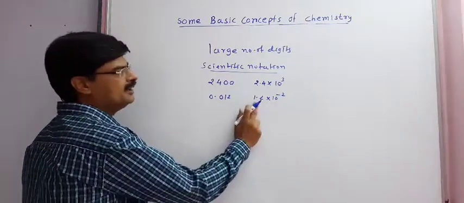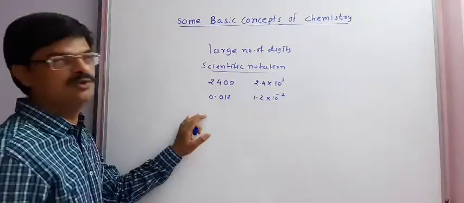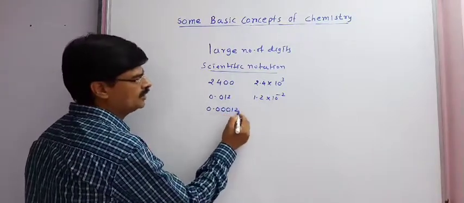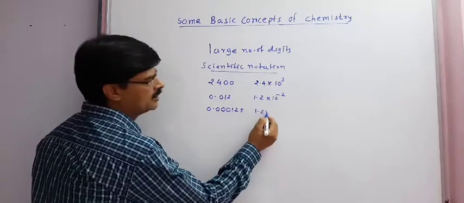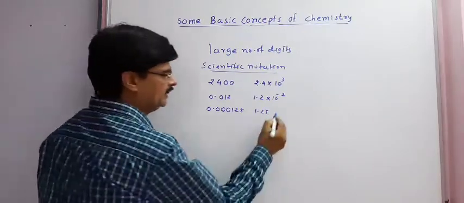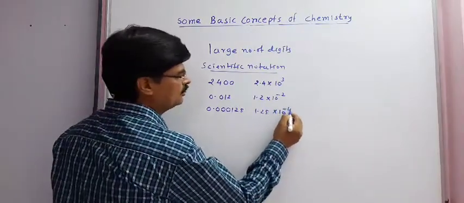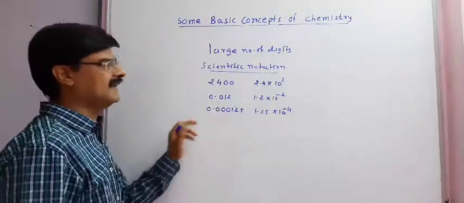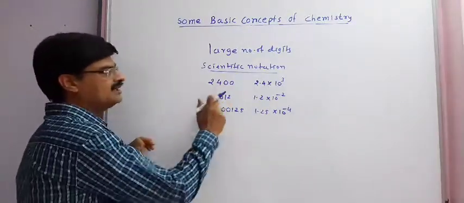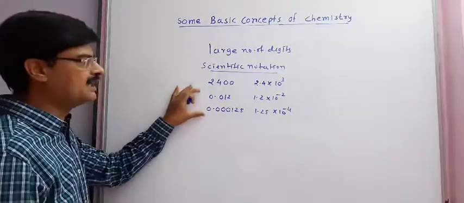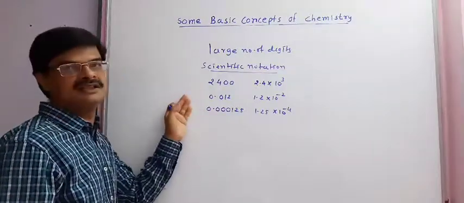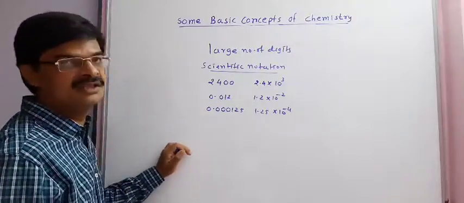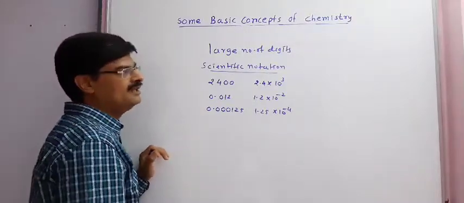This is the scientific notation of 0.012. 0.000125 can be denoted as 1.25 into 10 raised to minus 4. So again, these are scientific notations of this type of numbers. But in chemistry, even bigger numbers are obtained, and that is why knowledge of scientific notation is compulsory.